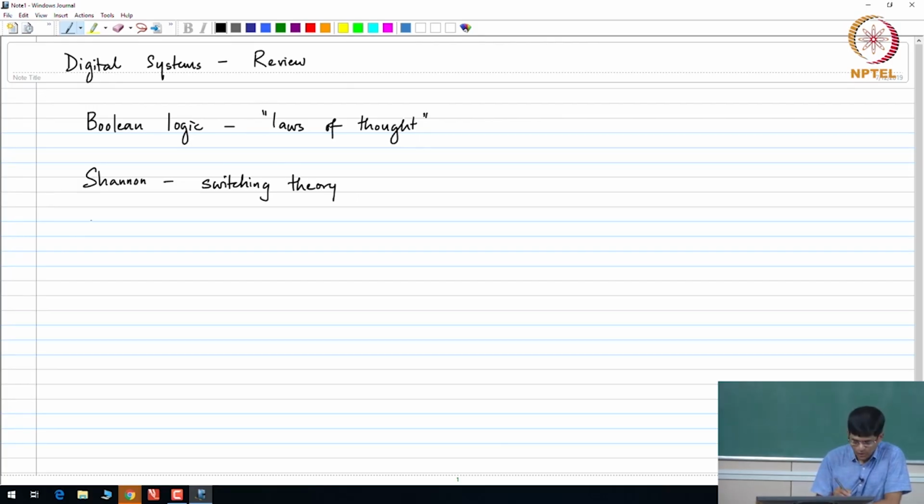An interesting side note, or rather an interesting coincidence, was the fact that people realized we could make use of binary arithmetic, and binary arithmetic could make use of the same 0 and 1 values, whereas Boolean logic used true and false values.